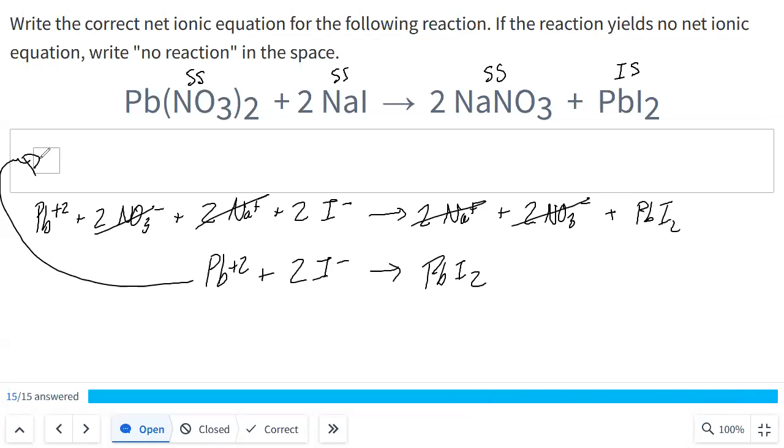What you're being asked to do here was to do the net ionic. So we had to break it down that one extra step further. Any questions about this example before we move on to the next one? All right, I will take that silence as a no.